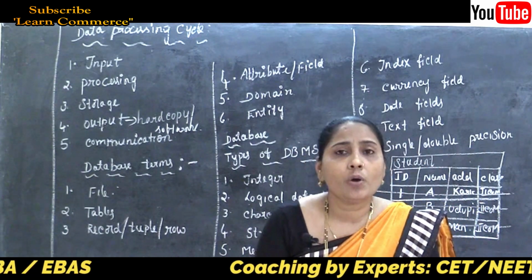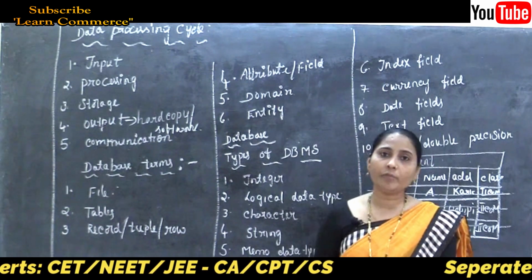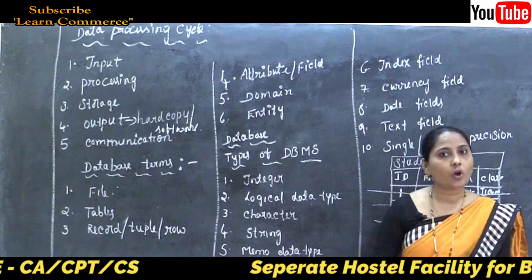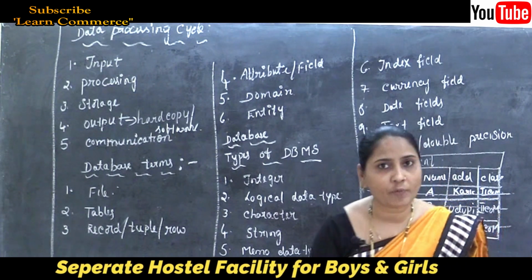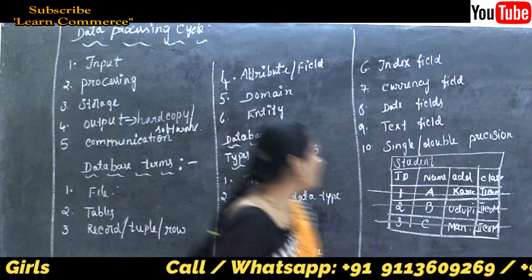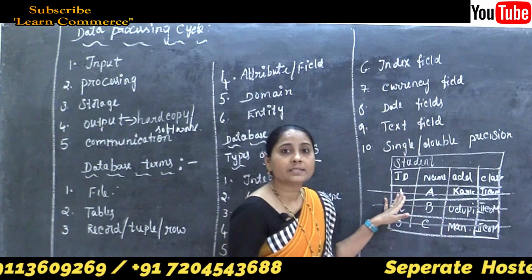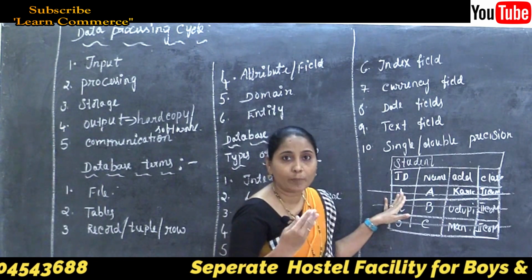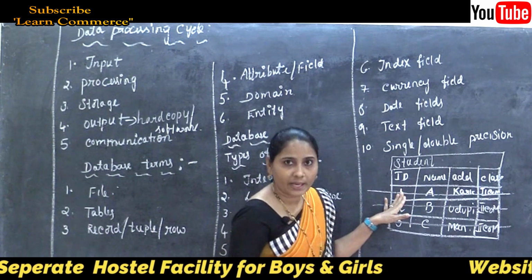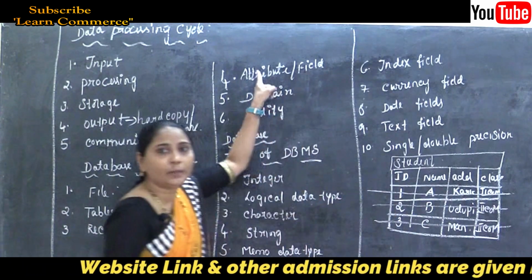So what do you mean by the attribute or the fields? Each column is identified by a distinct header. Clear this point here? Why? Because whatever record we are going to collect depends on seeing the name of the columns. So the column name is called the attribute or the field.